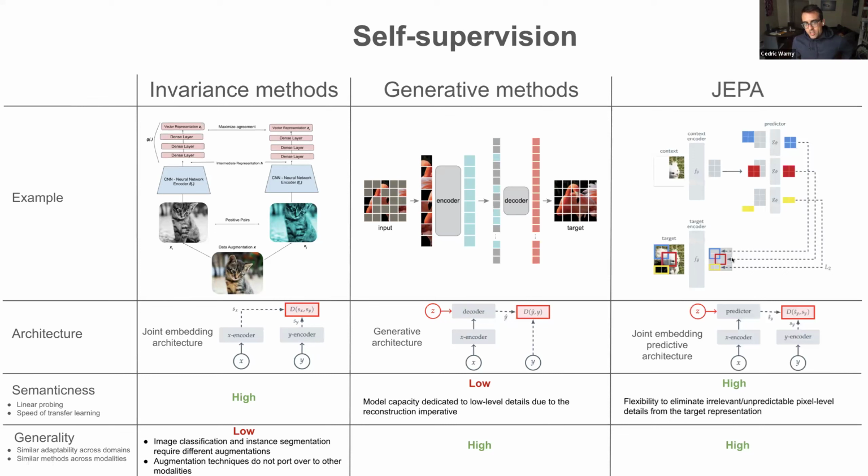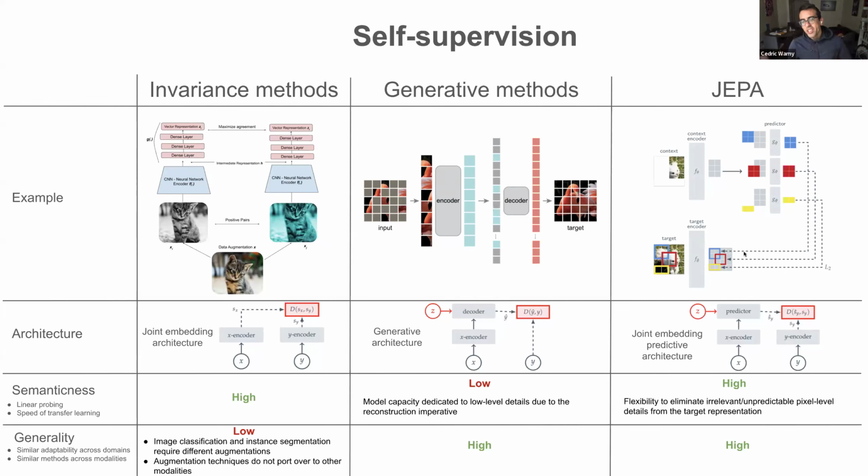And this is what the paper claims JEPA does, essentially. So JEPA would be high in semanticness and high in generality. I'll go into the details a little later, but this is the overall architecture. The idea here is that instead of predicting or reconstructing your target in the pixel space, you reconstruct it in the embedding space.